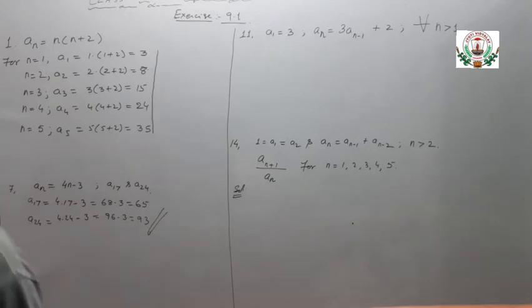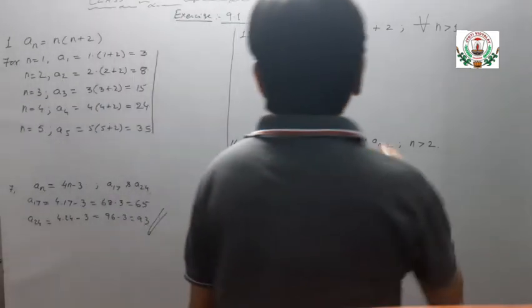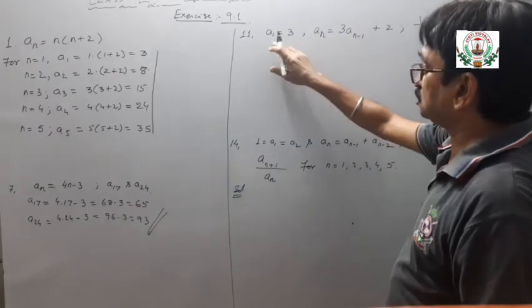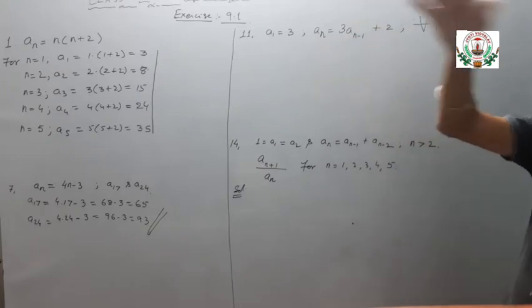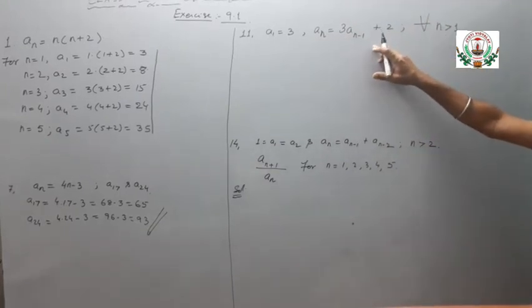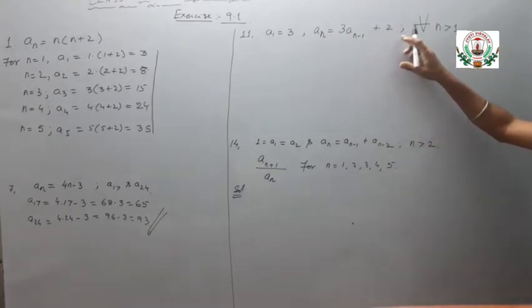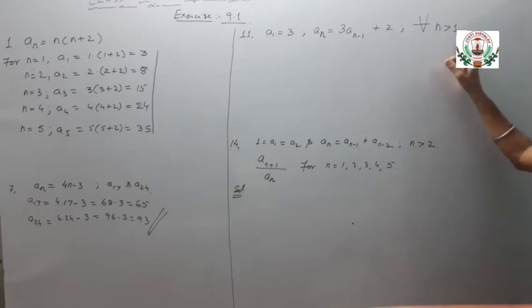Now let's come to the question number 11, that is the third variety of question. Question number 11 to question number 13. Now the same process, first term is given a1 equals 3 and the other term is given a_n equals 3a_(n minus 1) plus 2, for all n greater than 1.